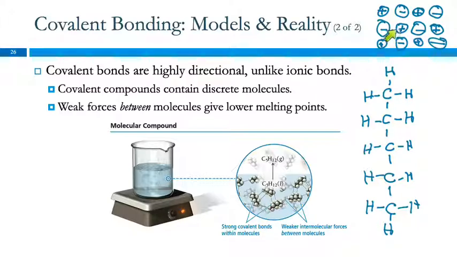So for this ion here, and here we're just looking at 2 dimensions, for this ion, it's attracted by ionic bonds to 4 different anions here. And this just goes on and on and on and on throughout the whole thing.